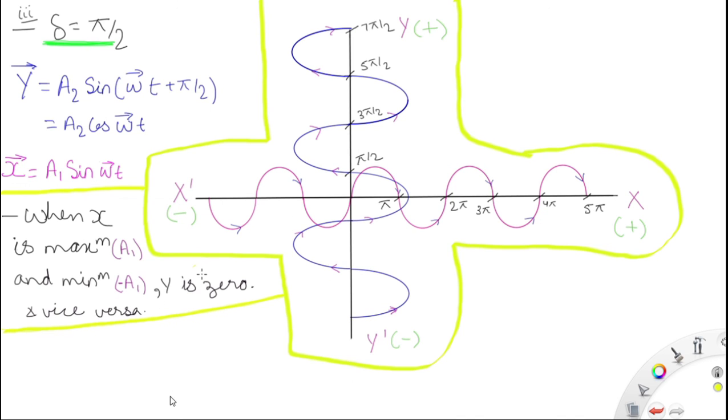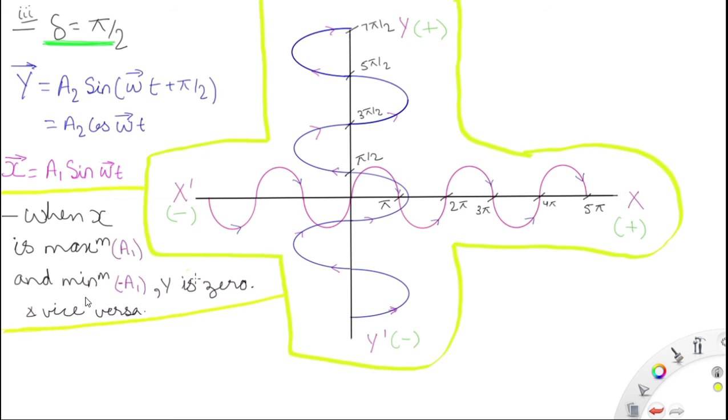So when x reaches its maximum a1 or its minimum minus a1, at that time the y coordinate is equal to 0, as you can see when this is achieving pi by 2, this is 0.